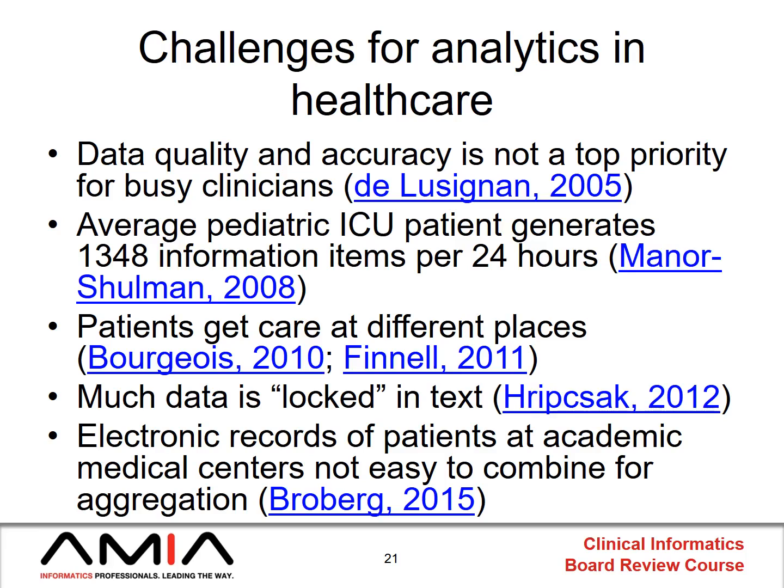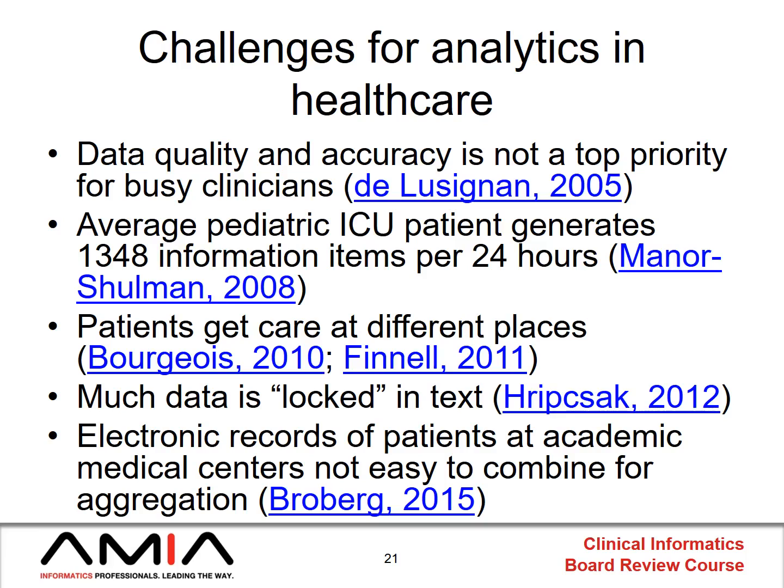A lot of data in the electronic health record is locked in text, because we can process structured data elements much more accurately than text of patients. And it can just be difficult to combine data from different clinical locations, which have different workflows and so forth.